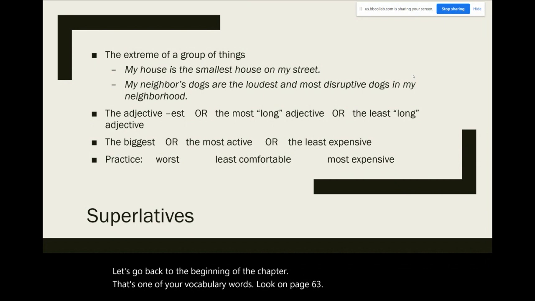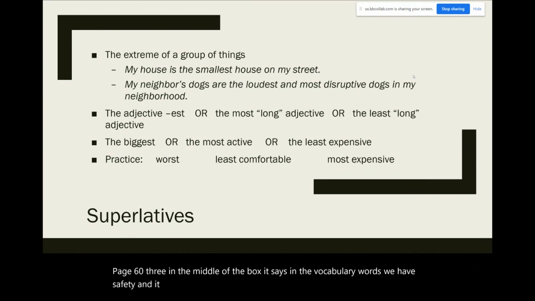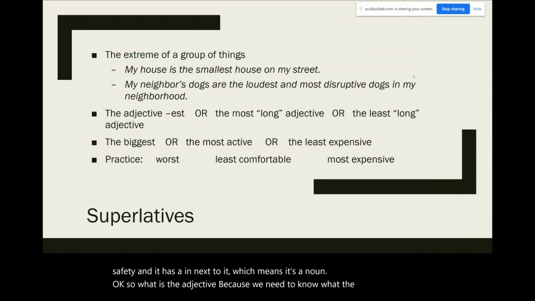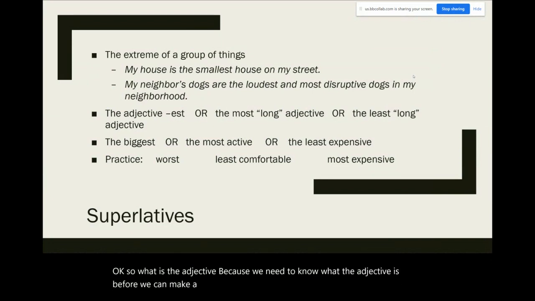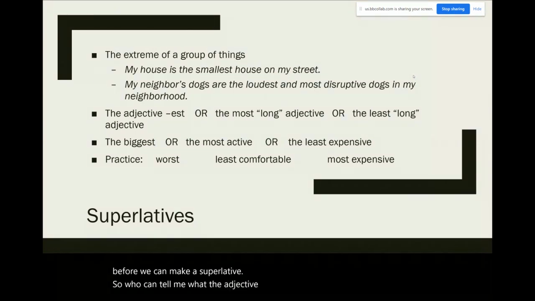Page 63 in the middle of the box, in the vocabulary words, we have safety, and it has an N next to it, which means it's a noun. Okay, so what is the adjective? Because we need to know what the adjective is before we can make a superlative. So who can tell me what the adjective is? Alan, do you know? It's not safety. Safe. S-A-F-E. Good.